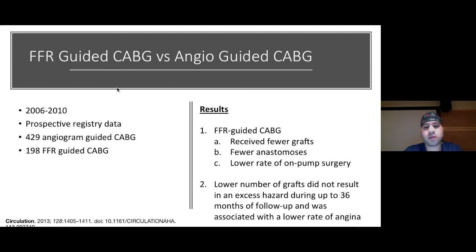If you look at the results, the patients in the FFR group received fewer grafts, fewer anastomoses, and lower rates of on-pump surgery. The lower number of grafts did not result in an excess hazard during up to 36 months of follow-up and was associated with a lower rate of angina.